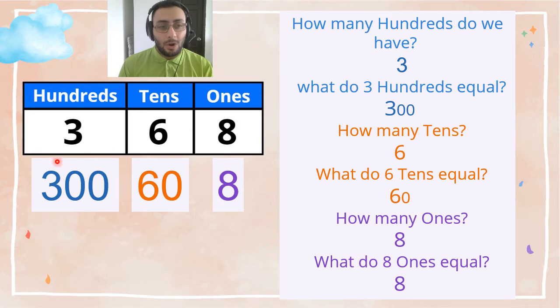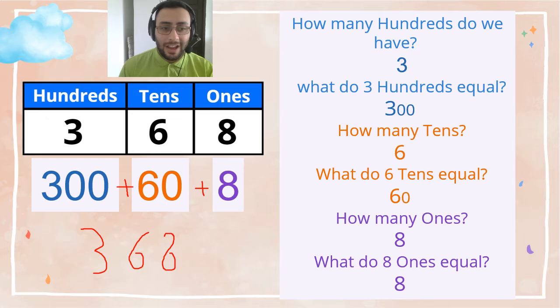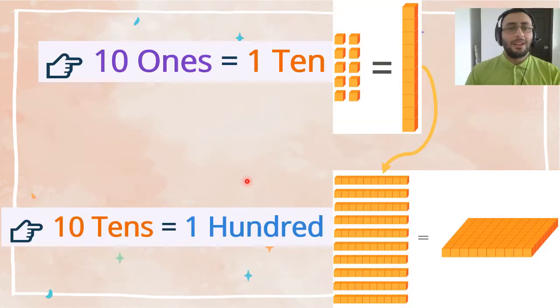Now you put all these numbers together. Let's say 300 plus 60 plus 8. It equals to 368. Pretty easy, right? Now, let's review. When we have 10 ones, it equals to 10.